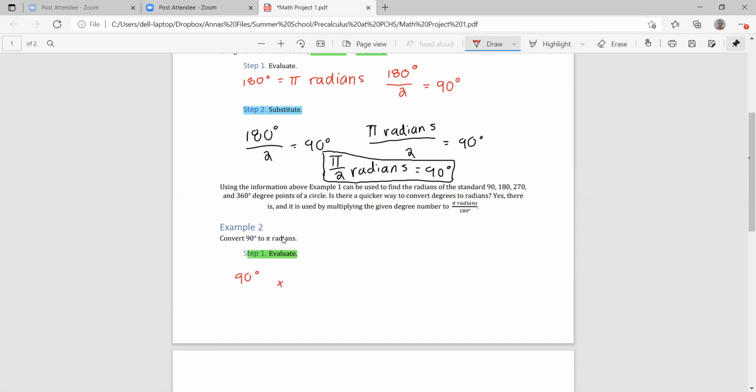So we're going to put the numerator first, pi radians, over its denominator, 180 degrees. And since we're dealing with fractions, I would usually put a 1 under here to avoid any confusion.